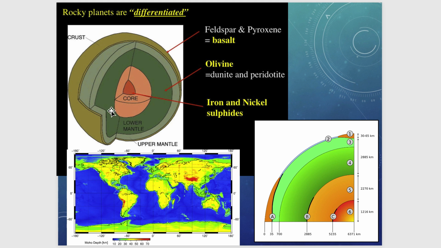So you can see here an illustration of what is a stratified body. We go from a homogeneous body into an onion-like planet, which has progressively denser materials towards its core center.